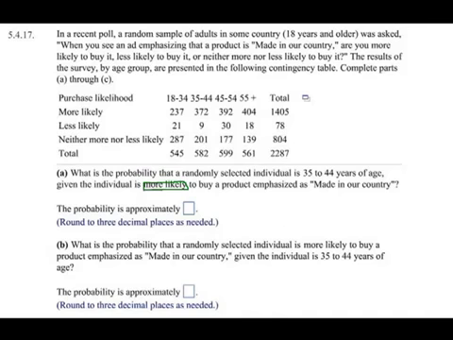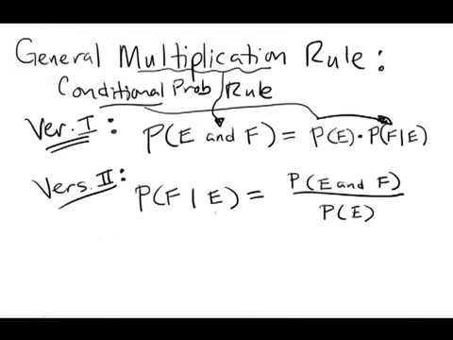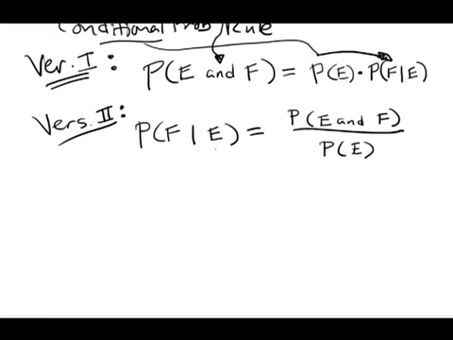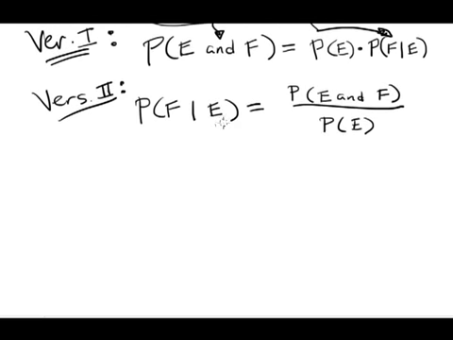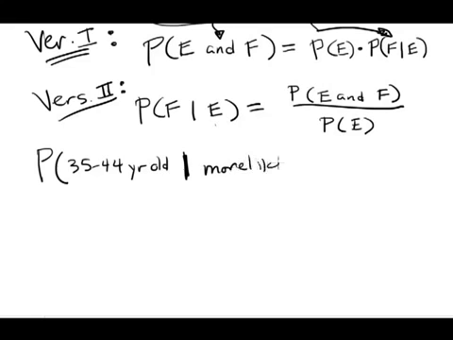So let me do the setup here. Keep in mind, we're going to use version 2 of the general multiplication rule. We want to know the probability that we choose a 35 to 44-year-old, given that they are more likely to buy locally.